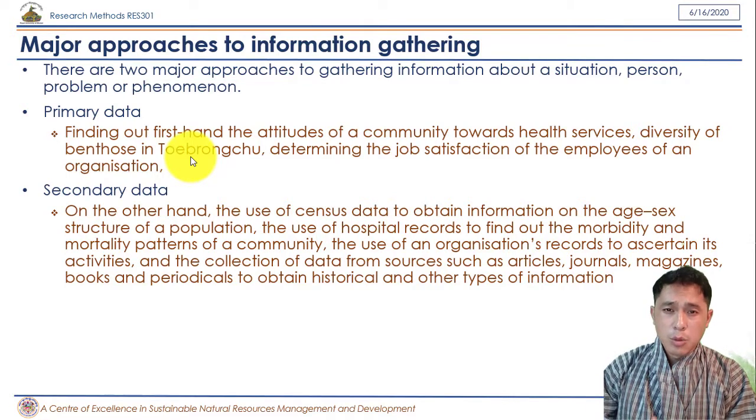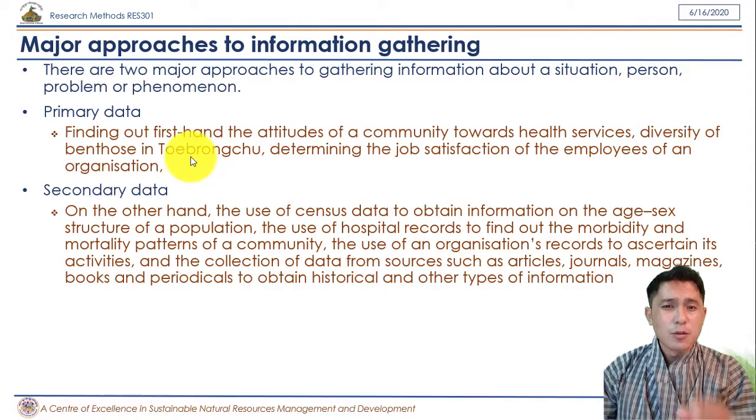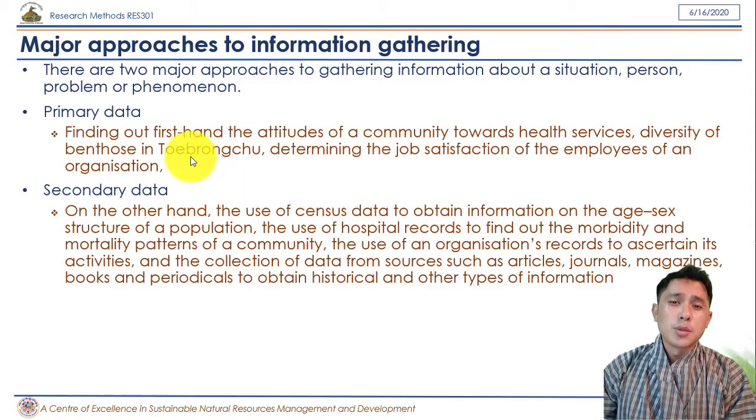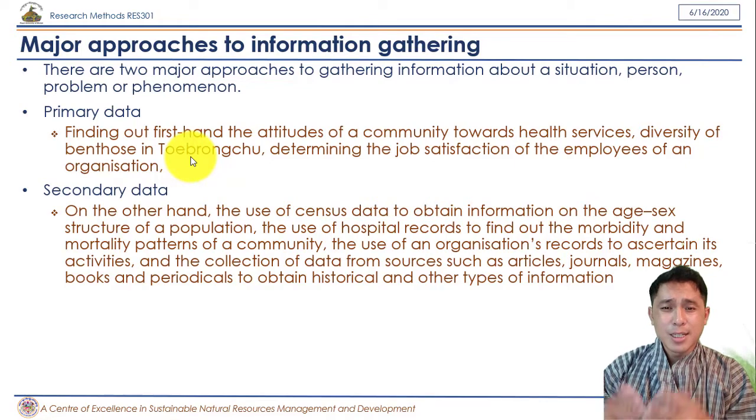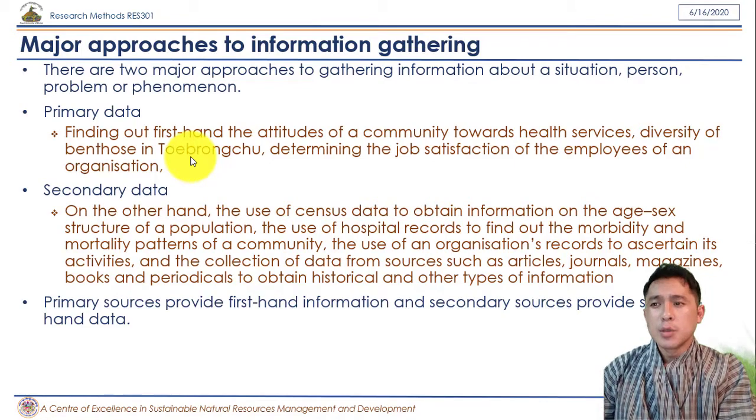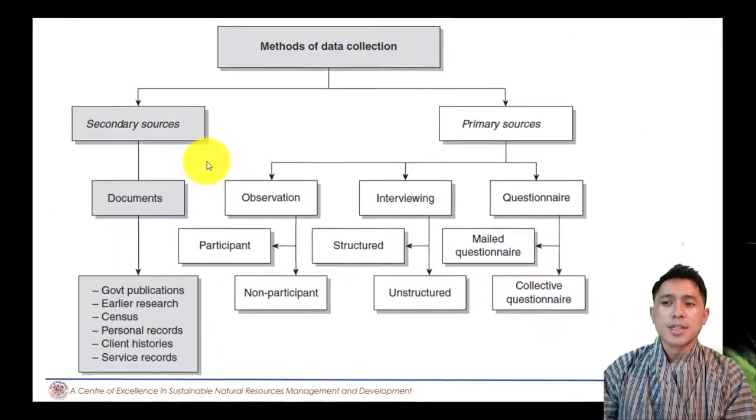Primary data is the one, not necessarily you have to go personally yourself, but you can also send someone else on behalf of you to collect data for you. That can also be primary data collection. So two ways: primary data and secondary data.